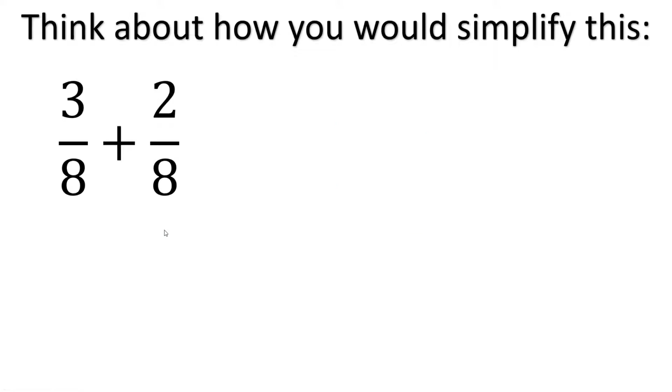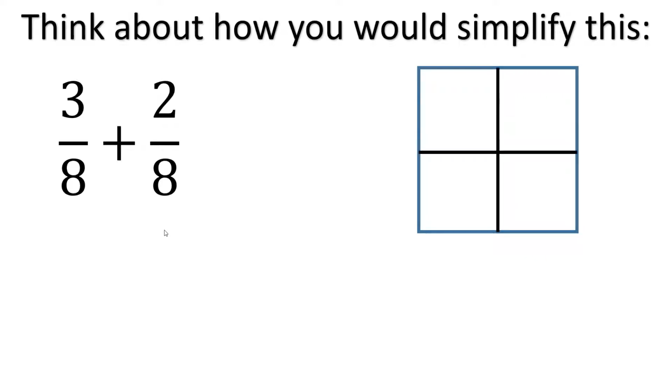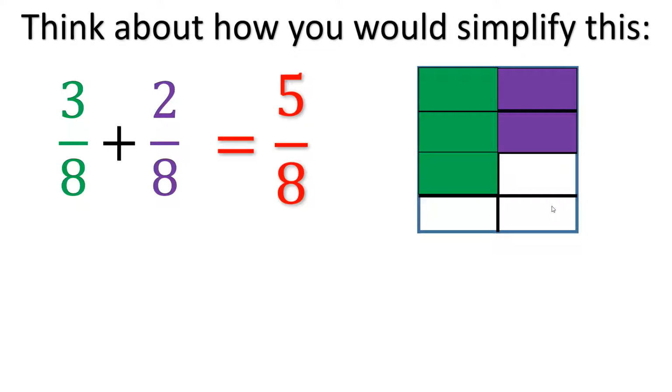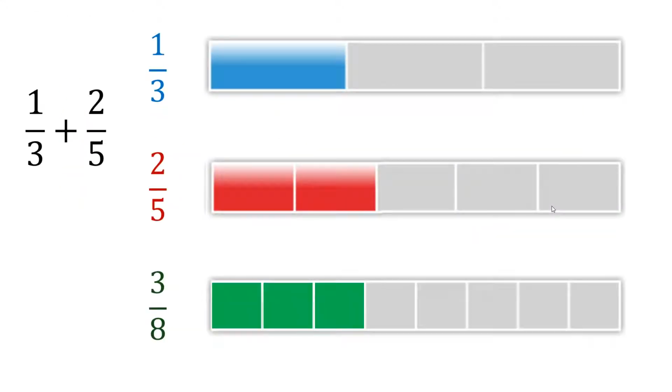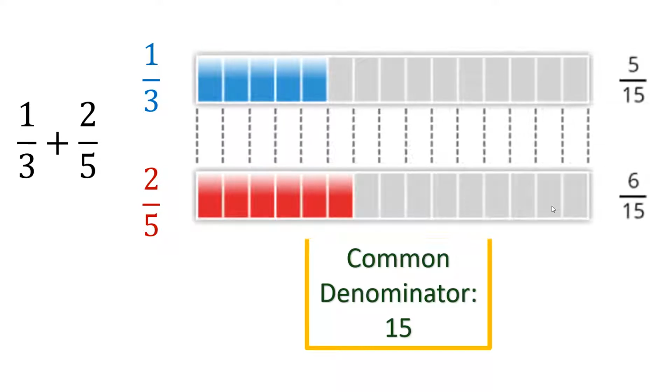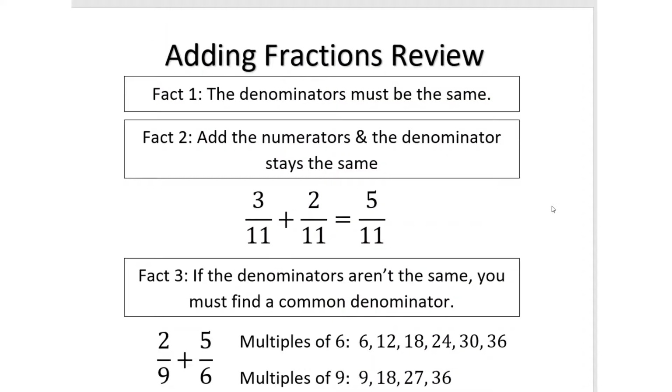We add the numerators, leave the denominator the same. Because if we have 8 pieces, 1, 2, 3, 4, 5, 6, 7, 8, we would have 3 pieces and 2 pieces shaded in, and that's a total of 5 pieces out of 8. I'm going to go ahead and skip this in the video. I skip it in class too because it's enough examples before we can get to the note sheet.